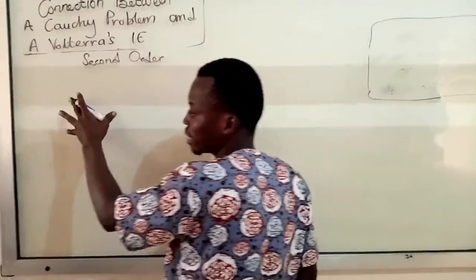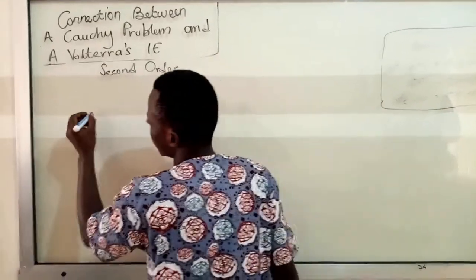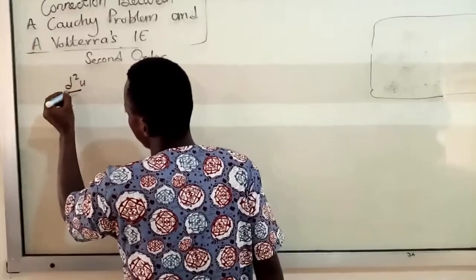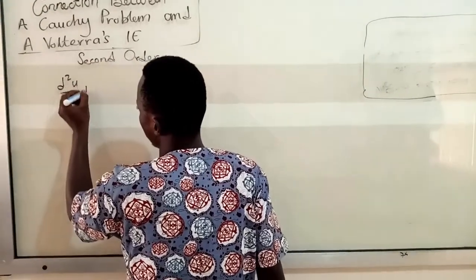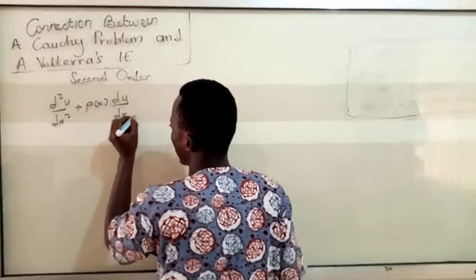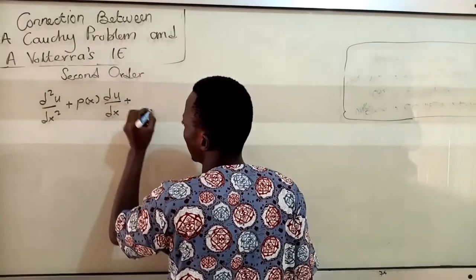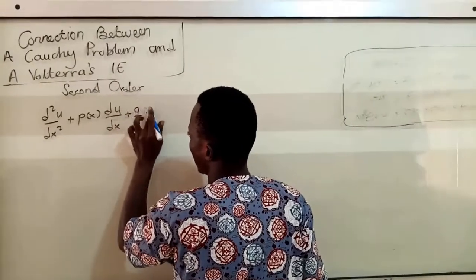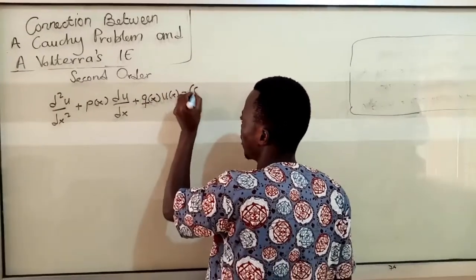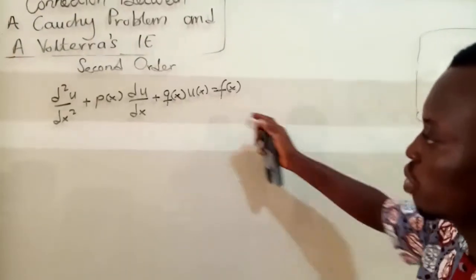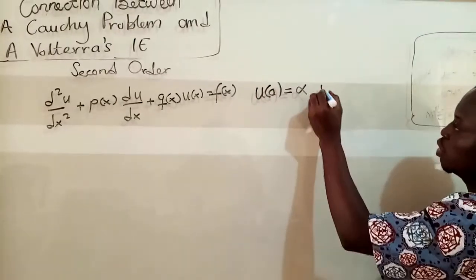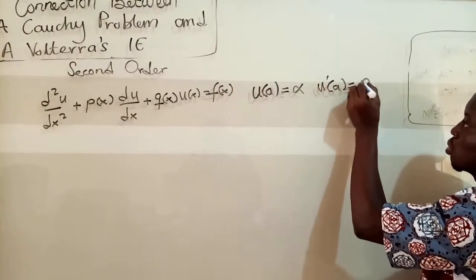So let's consider the second order differential equation, with the initial conditions u of a equal to alpha and u prime of a equal to beta.